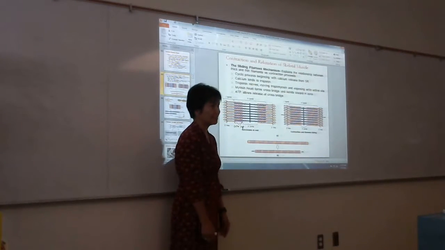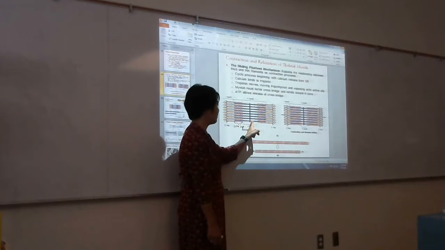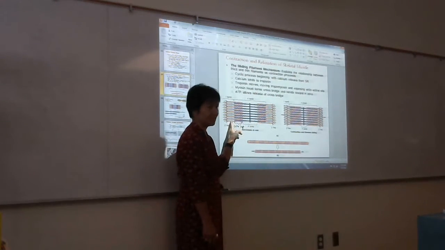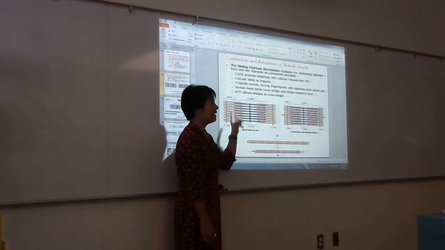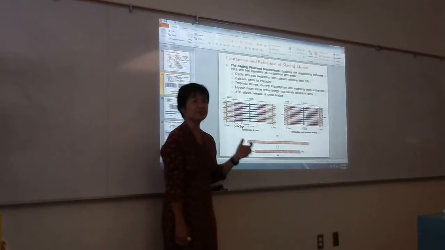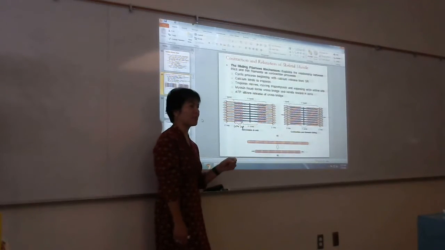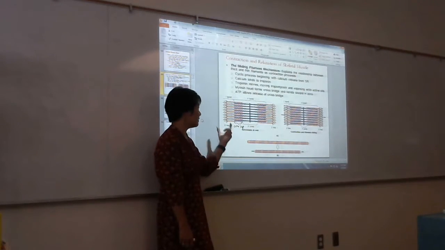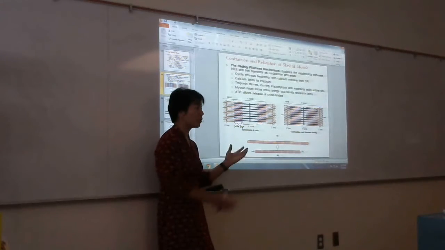You understand? How about the length of the individual filaments, the thick or the thin filaments? Very good, stays the same. That's very important for us to remember. In the past, they thought that the individual thick and thin filaments somehow shortened or folded.